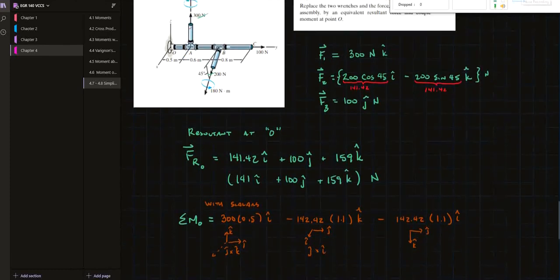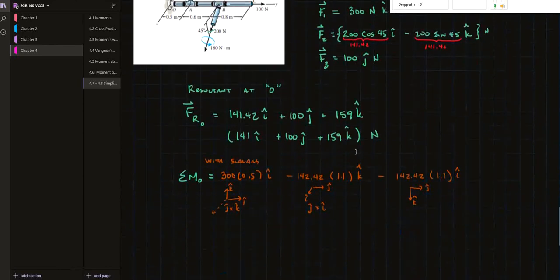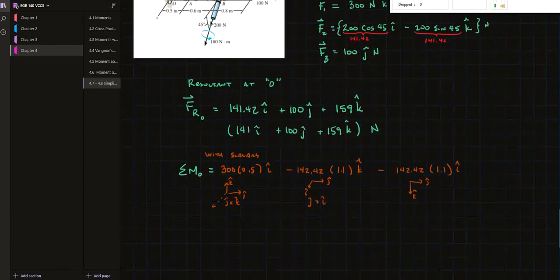So now we have these guys, the free ones. We've got a 100 here, so that is in the K direction, positive. So plus 100K.